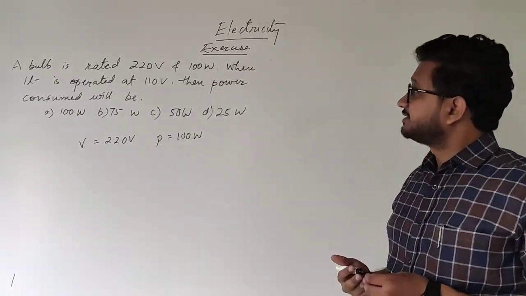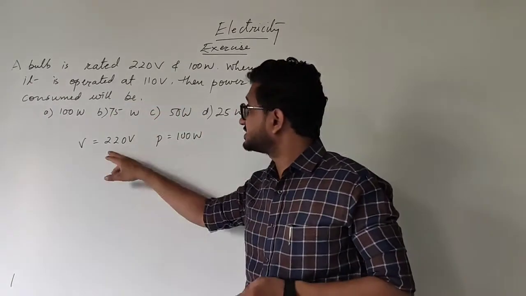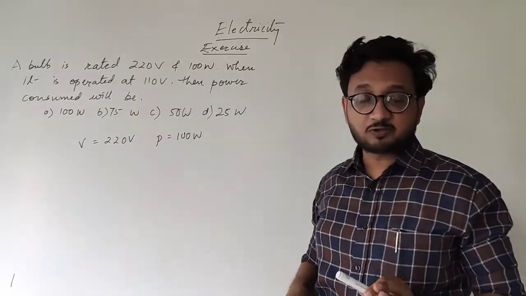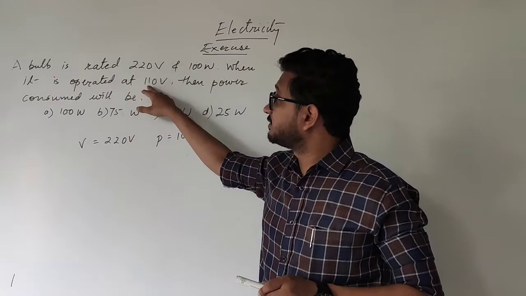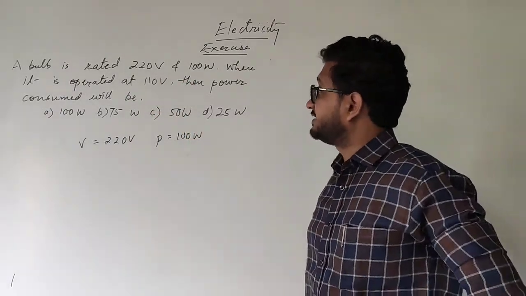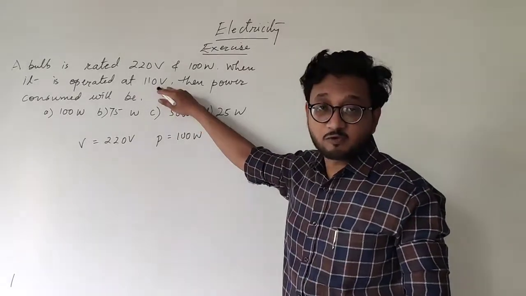The question is, when it is operated at 110 volts, that is half the potential difference, then the power consumed will be. So basically you need to find the power when it runs at 110 volts instead of 220 volts.